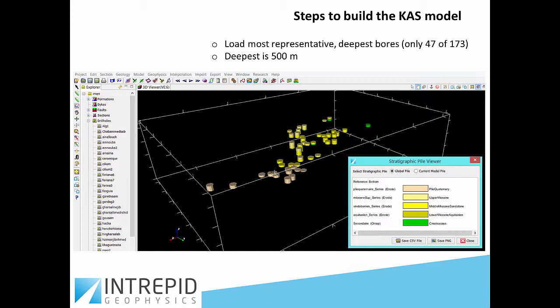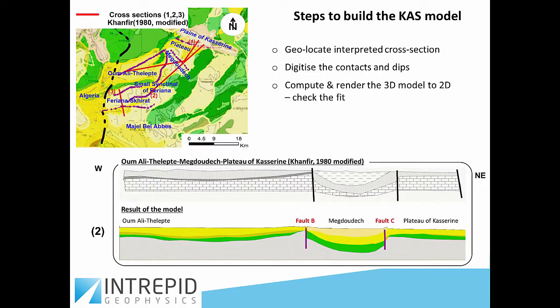Next, in GeoModeller, it's possible to load geological logs relating to the bores drilled. In this study, only 47 of the most representative and deepest wells were chosen out of 173 available. Next steps to build the CAS model include geolocation of section images.